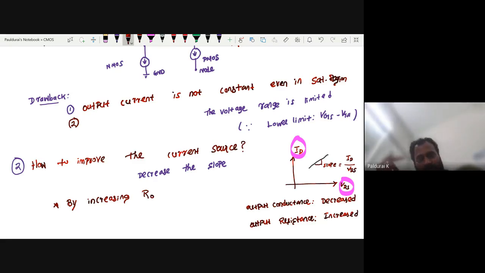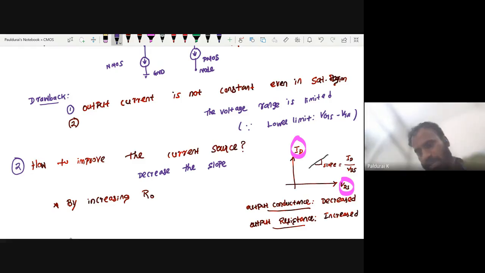The point is, take any two-port network. If you increase the output resistance, then it will act as a constant current source. Because by increasing resistance, actually we are decreasing conductance. Actually, we are decreasing slope, right?